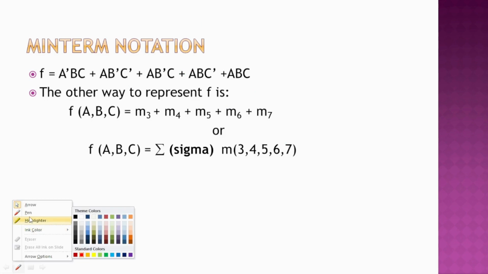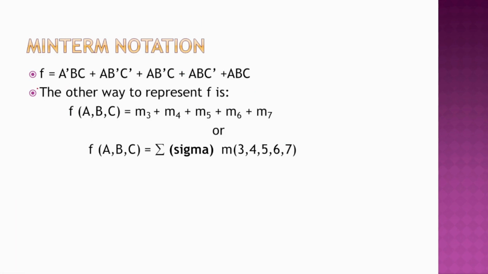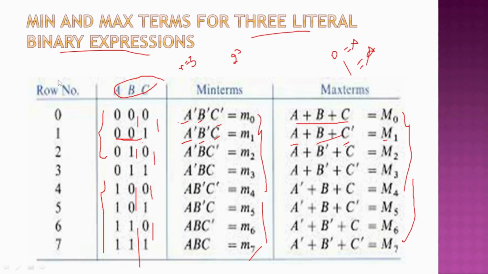This is the minterm notation. F equal to A dash BC plus AB dash C dash plus AB dash C plus ABC dash plus ABC. The other way to represent the function of ABC is as follows; refer to the previous values.